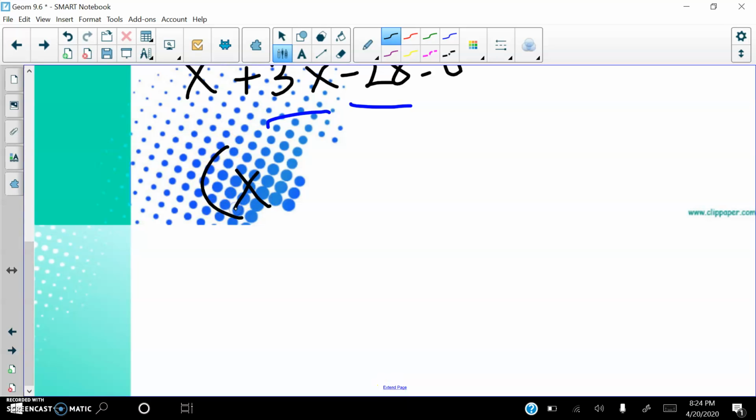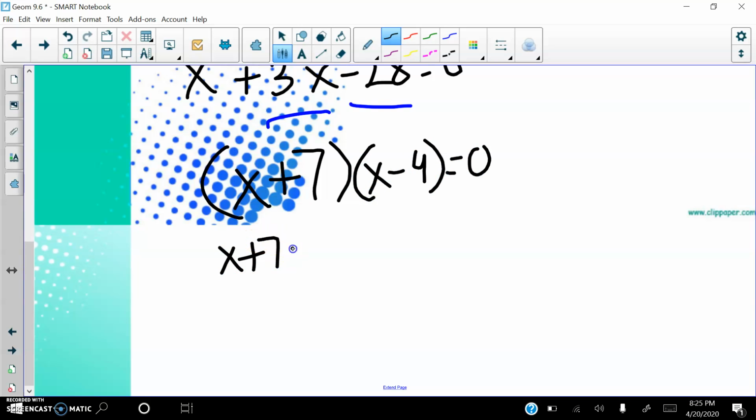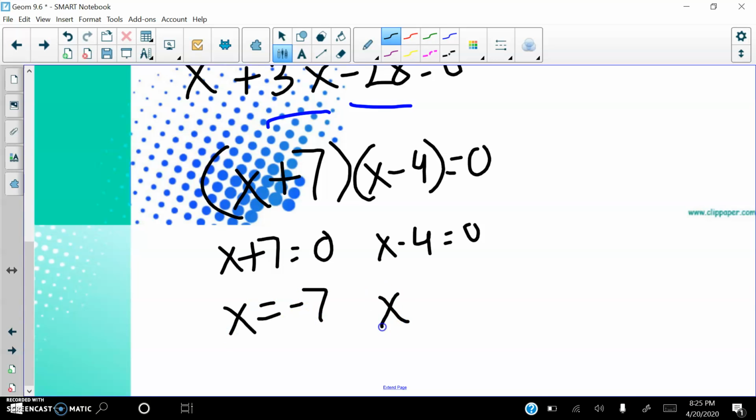So I have x plus 7 and x minus 4 equals 0. I set both of these things equal to 0. And I solve. I get x equals negative 7 and x equals positive 4.